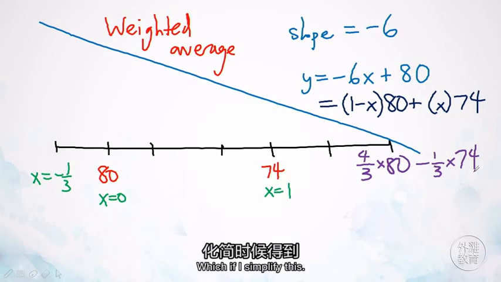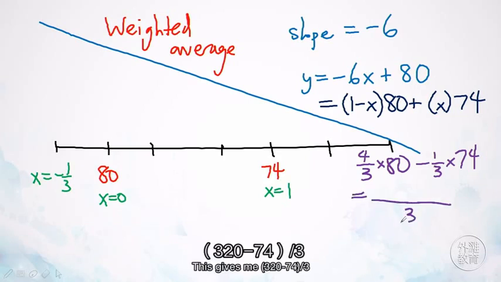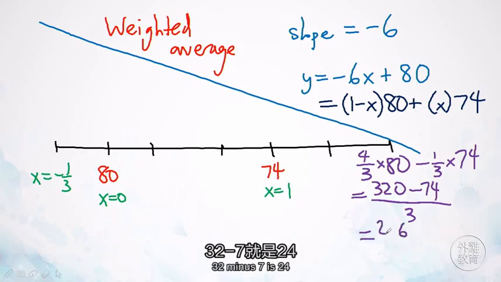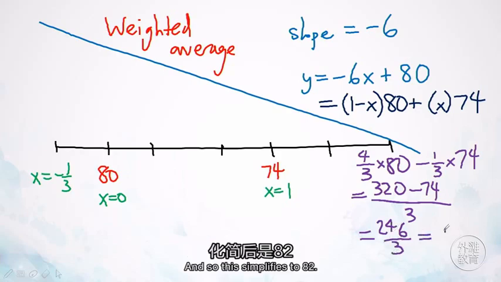Which if I simplify this gives me over 3, 320 minus 74. Finishing that up, 320 minus 74 is 246 over 3, and so this simplifies to 82.